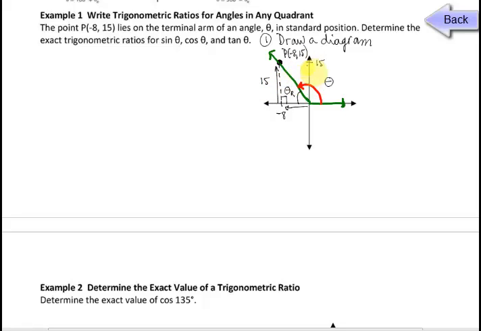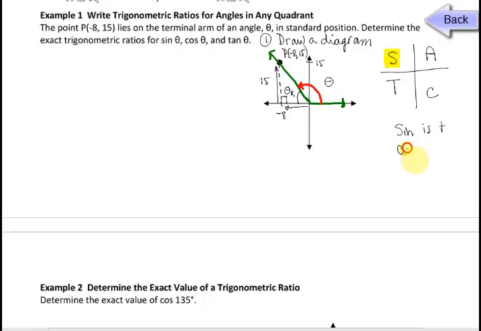Okay, and before we start determining what our trig ratios are, let's just recall our CAST rule. Start in the fourth quadrant and spell out CAST going counterclockwise. Note that when we determine our trig ratios, because we're looking at an angle in the second quadrant, sine is the only trig ratio that will be positive.